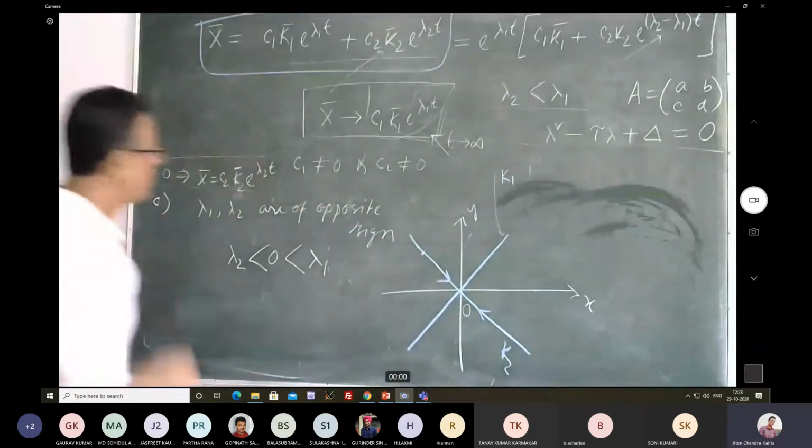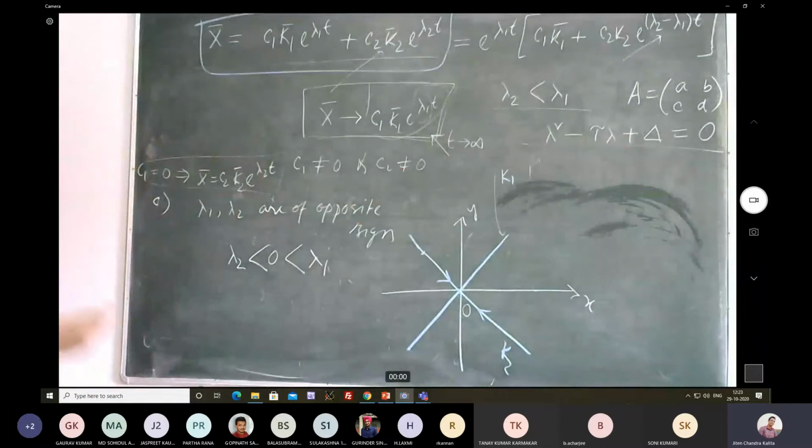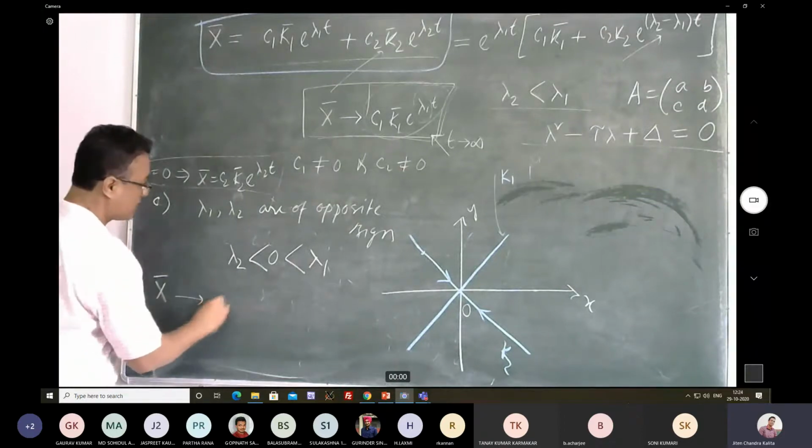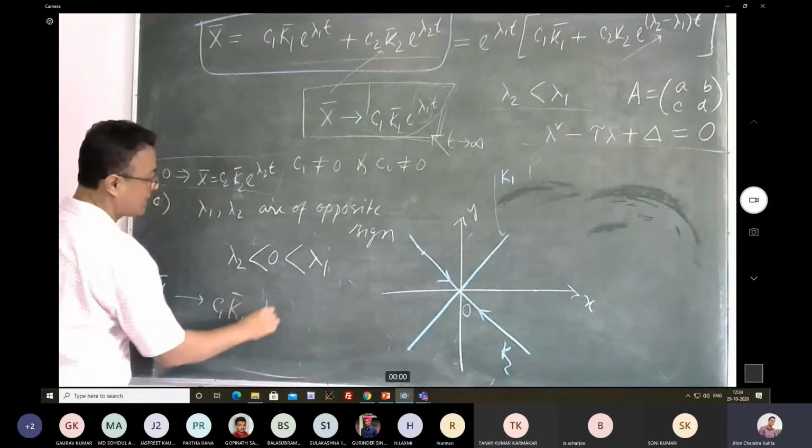And this is K1. Similarly, you know that if C2 is 0, then definitely my x is going to be K1 e to the power lambda 1t.